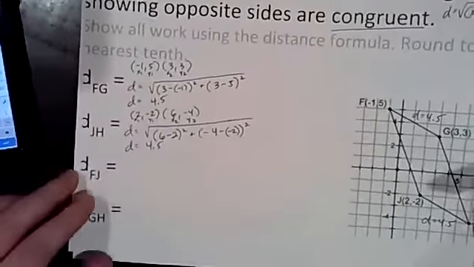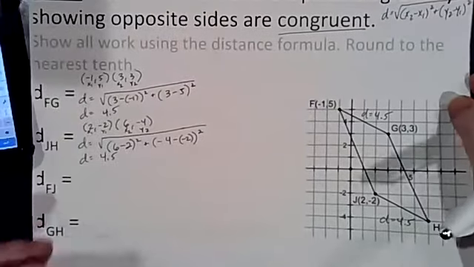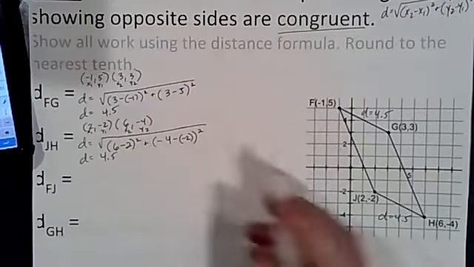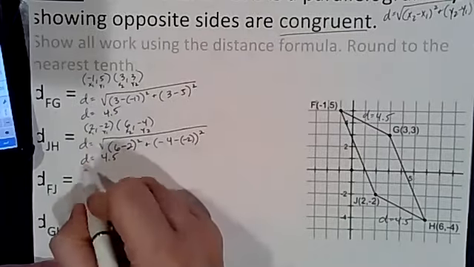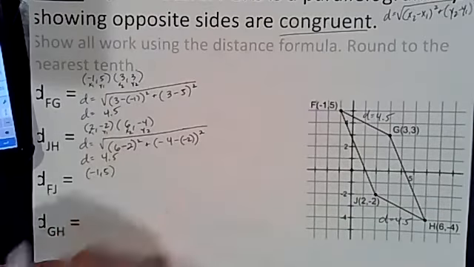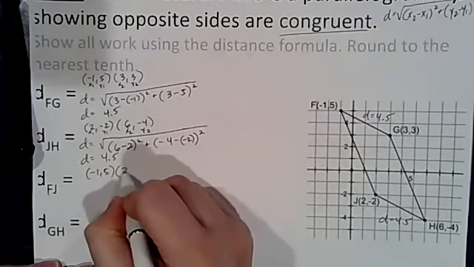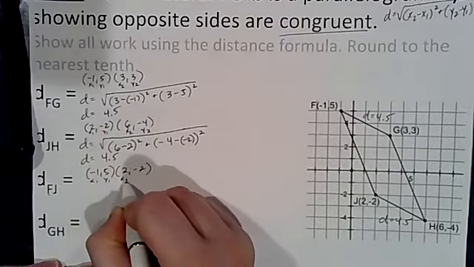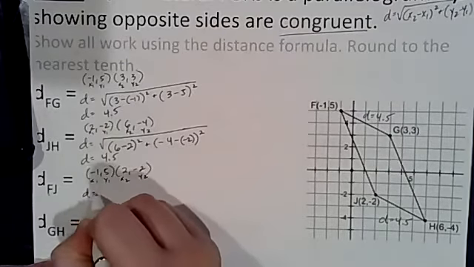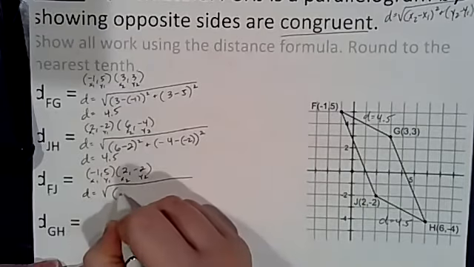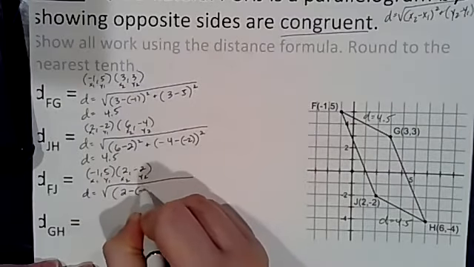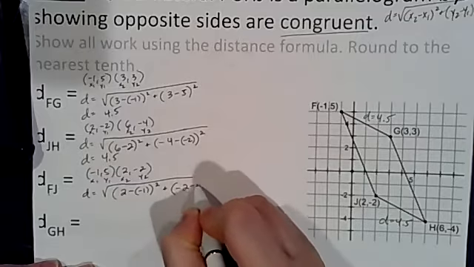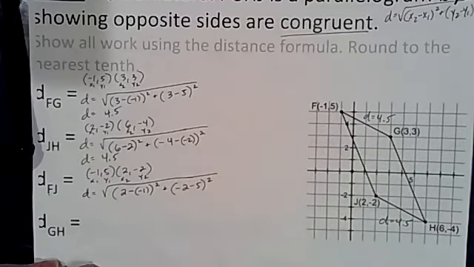Okay, we're going to go ahead and find that the distance is congruent between the next 2 sides. Okay, doing the same thing again. F is -1, 5, and J is 2, -2. X1, Y1, X2, Y2. Plugging that bad boy in. 2 minus -1 squared plus -2 minus 5 squared.